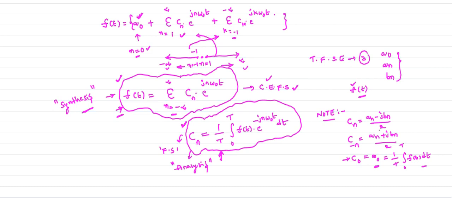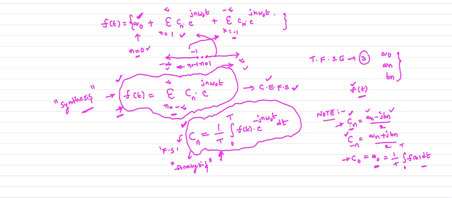Now if trigonometric Fourier series coefficients are given, that means if a0, an and bn are given, and they are asking to calculate the complex exponential Fourier series coefficients, you need to remember these expressions from the process of derivation.